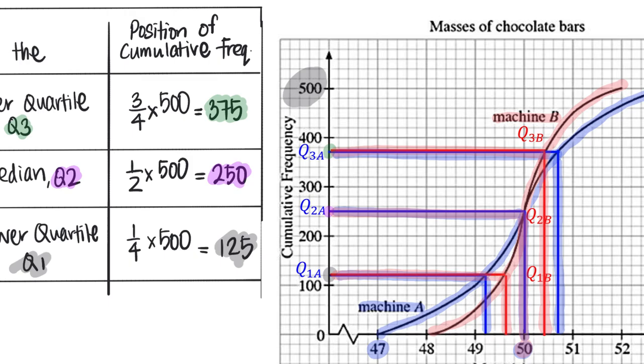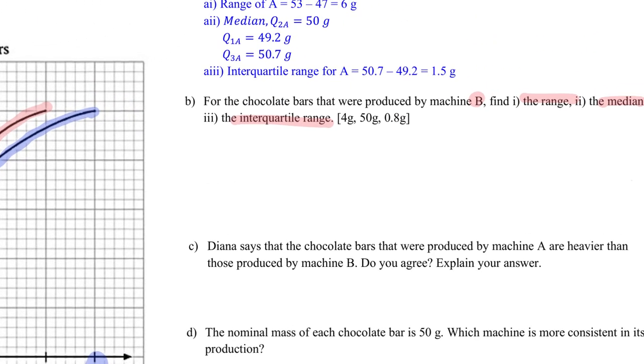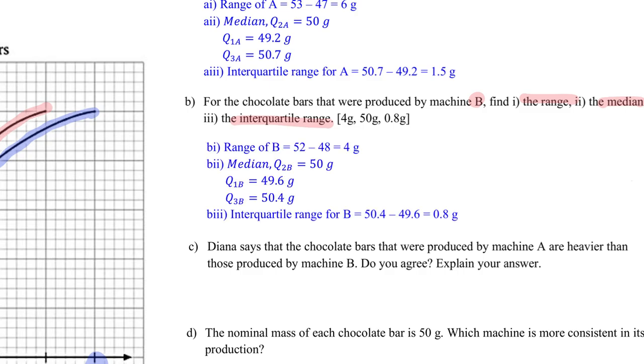Okay, so that's how you get the values of the lower quartile, median, and the upper quartile from the graph, and therefore you should get this set of values. 49.6, 50.4, and 0.8 after I minus away the upper quartile with the lower quartile.